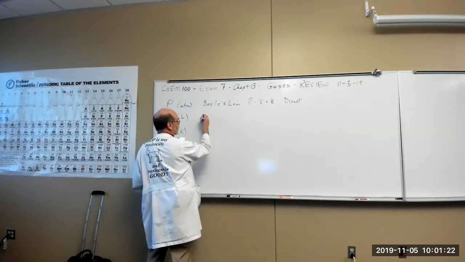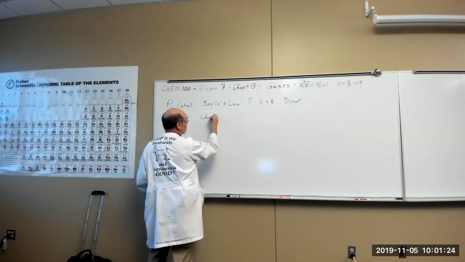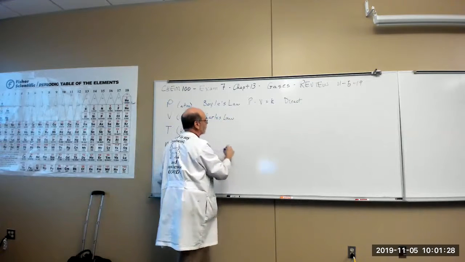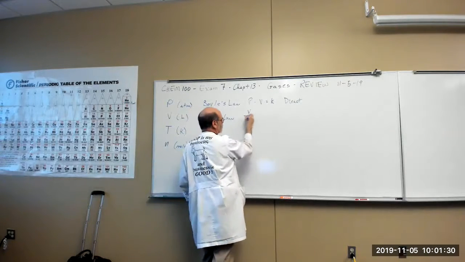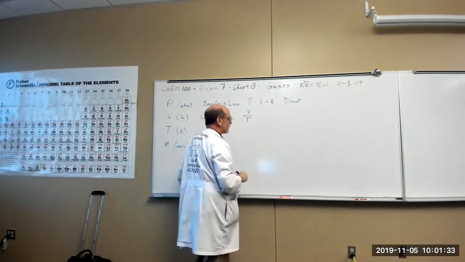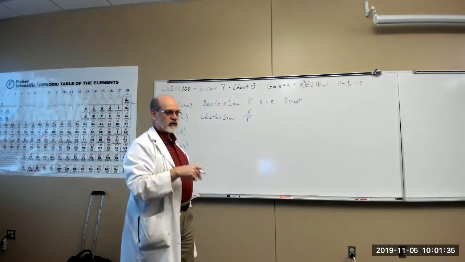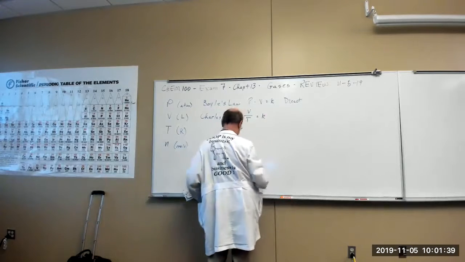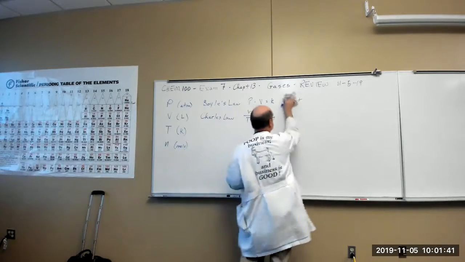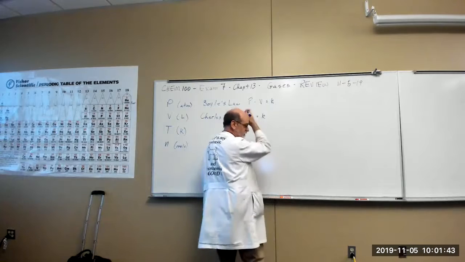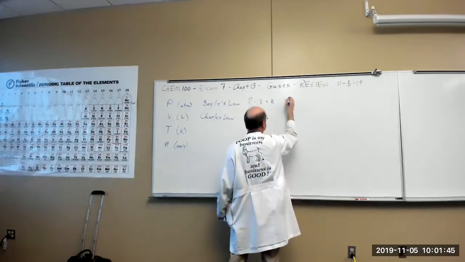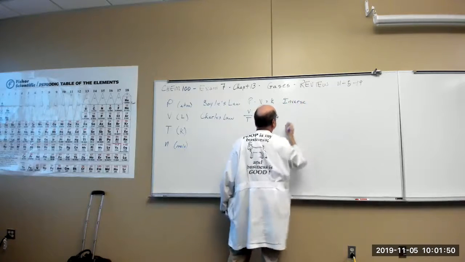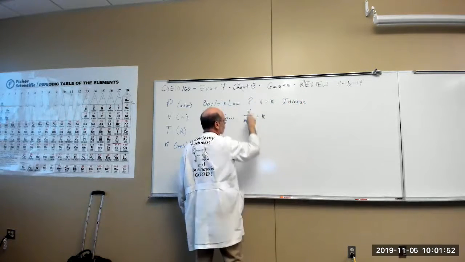The next, in historical terms, is Charles' law. In this one, Charles investigated the effect of temperature upon the volume of a gas. And this is a direct proportion, not an inverse one.